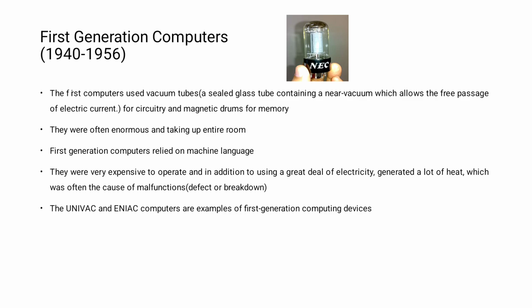First generation computers relied on machine language. They were very expensive to operate and, in addition to using a great deal of electricity, generated a lot of heat, which often caused malfunctioning. UNIVAC and ENIAC computers are examples of first generation computing devices.